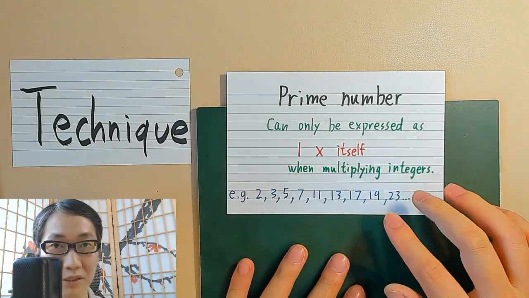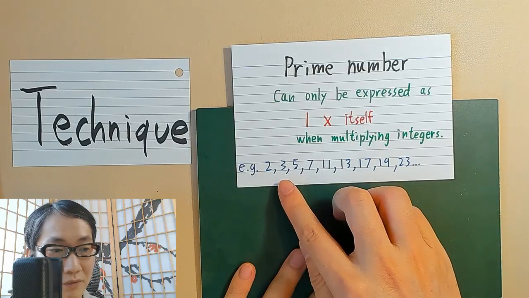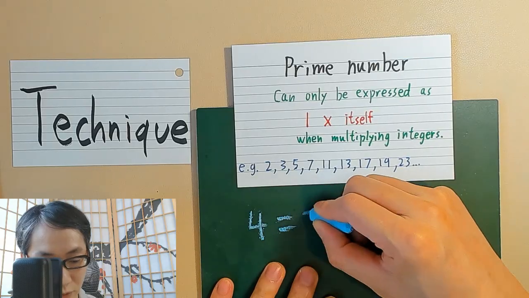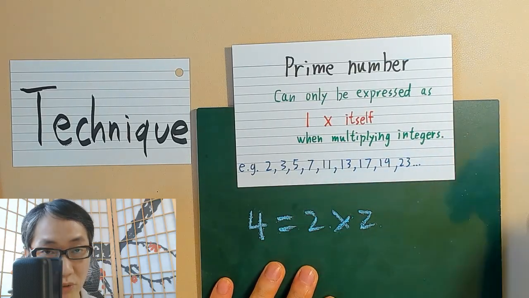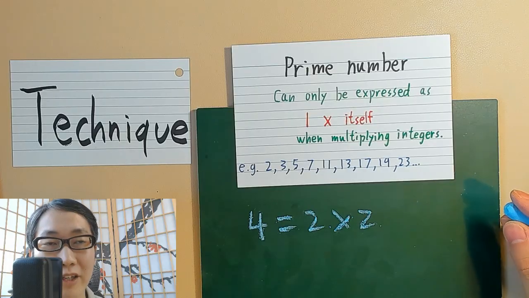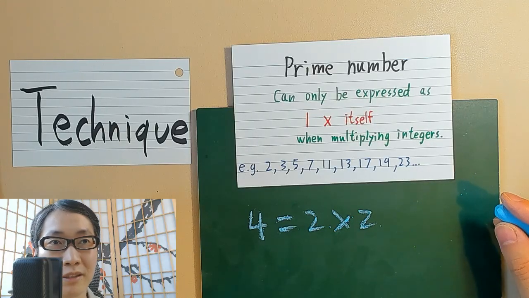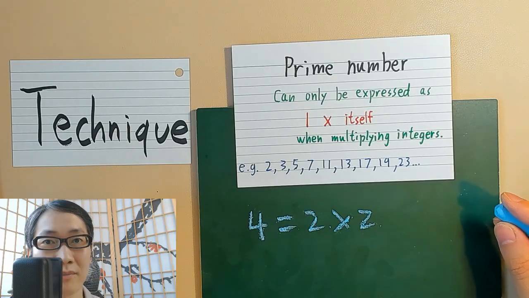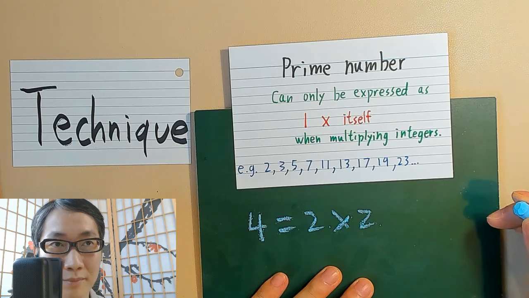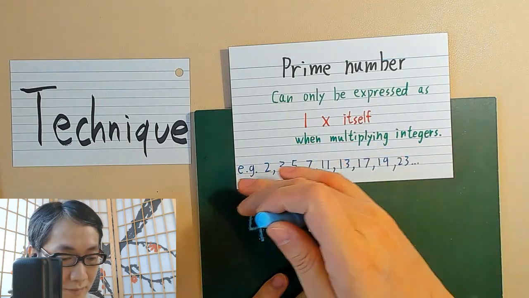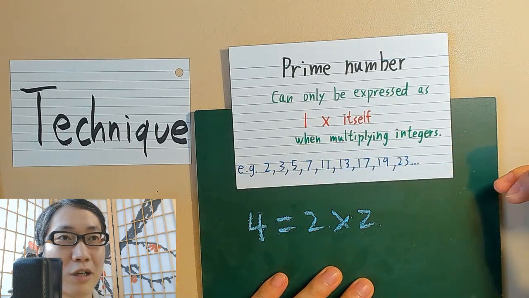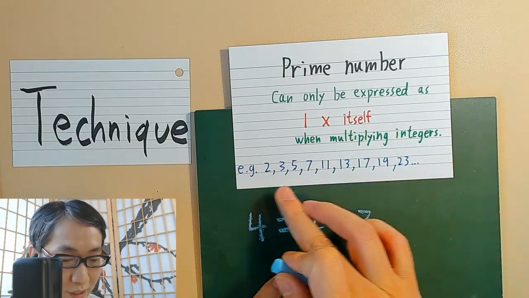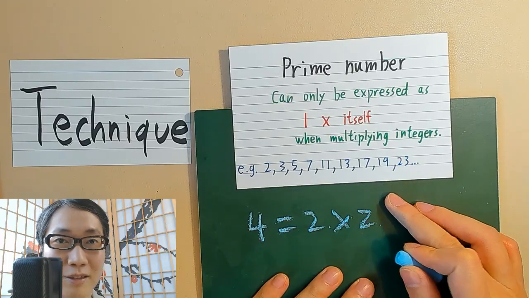For example, 2 is 1 times 2, 3 is 1 times 3. 4 is not a prime because 4 can be expressed as 2 times 2 and 1 times 4. 5 can be expressed as 1 times 5 only. 6 can be expressed as 1 times 6, but also as 2 times 3, so not a prime. We can go on, and there is no largest prime number. But knowing the primes up to 19 will be quite helpful.